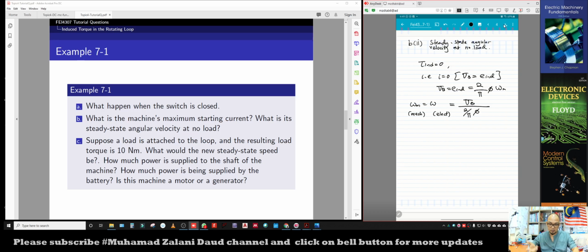We can rearrange this equation, and since φ equals BA, we can substitute φ equals BA there.